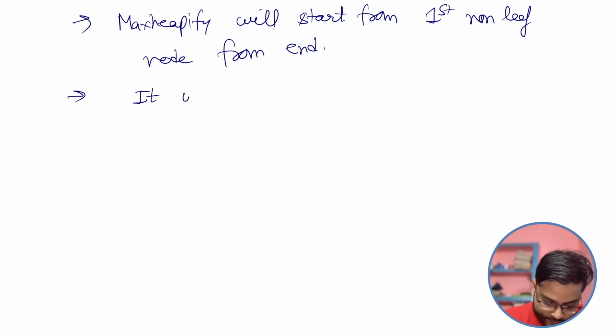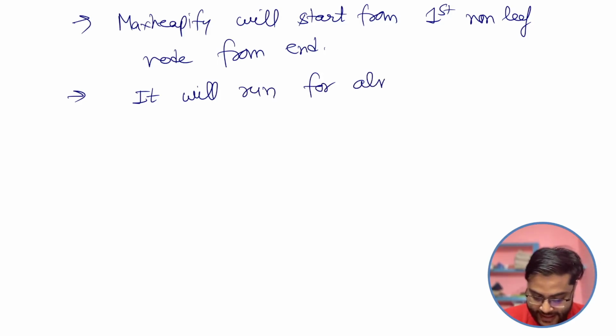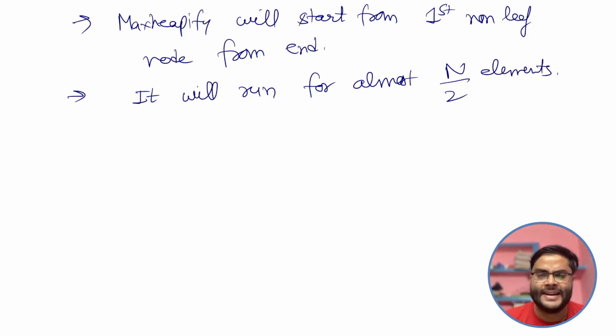It will run for almost n by 2 elements. We are not counting the leaf elements because we are not running Max Heapify on leaf elements. We don't need to run it for n elements.